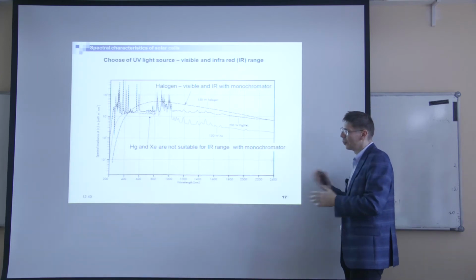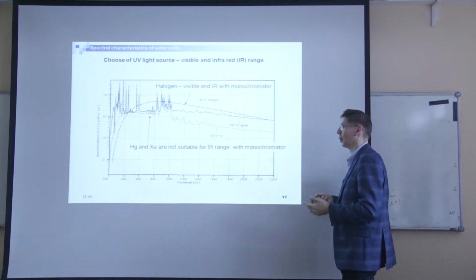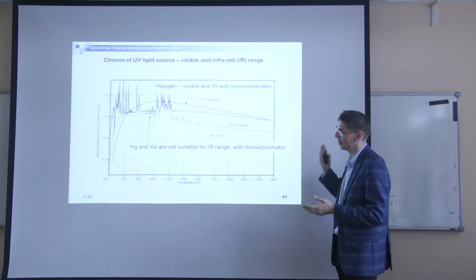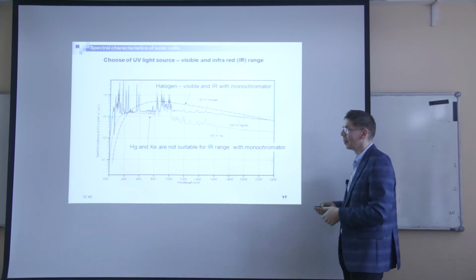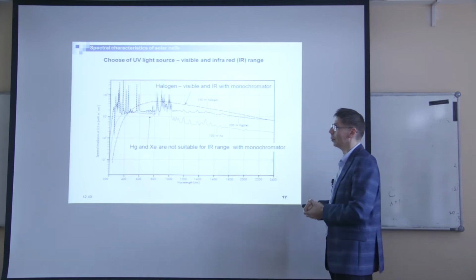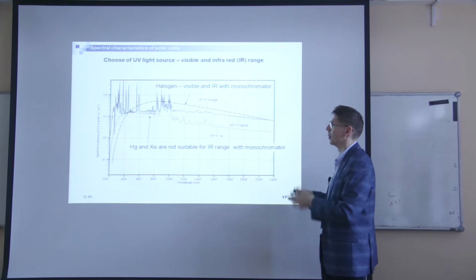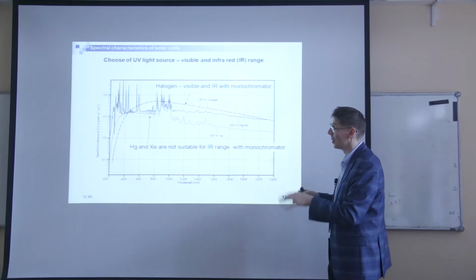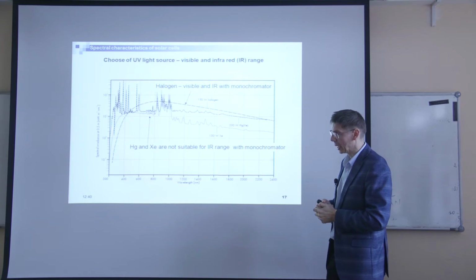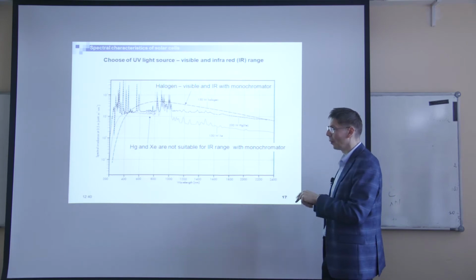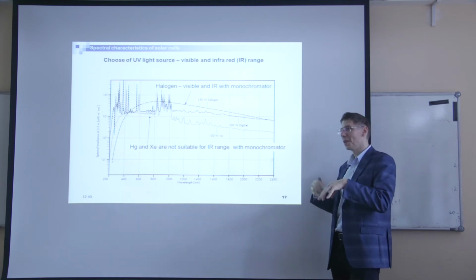You just have to check the intensity, because you know it warms up and this changes with time. But normally, if you wait 20-30 minutes with a halogen lamp, then it's more stable. But be careful, because the intensity of the light depends on the temperature.